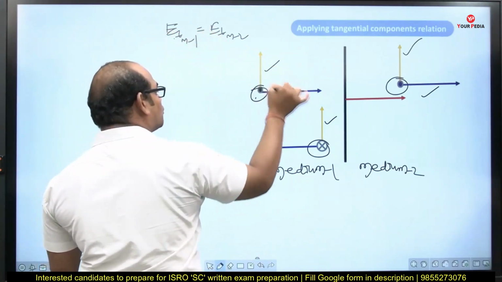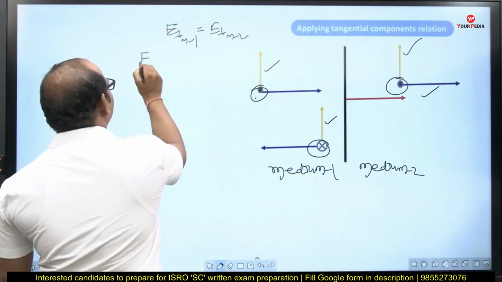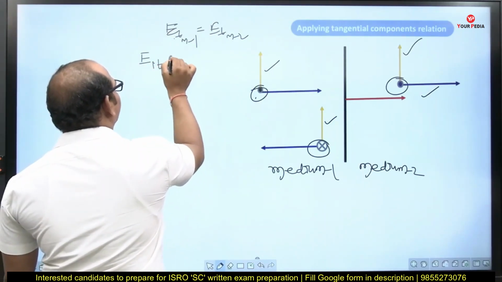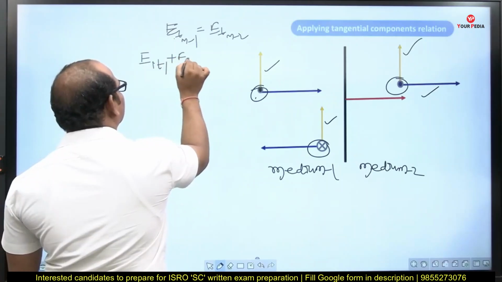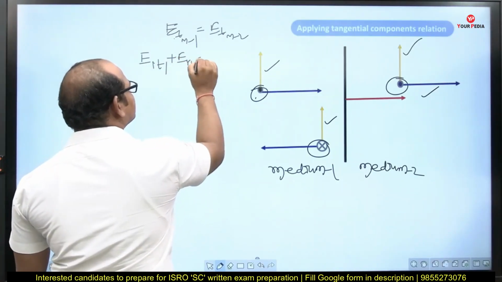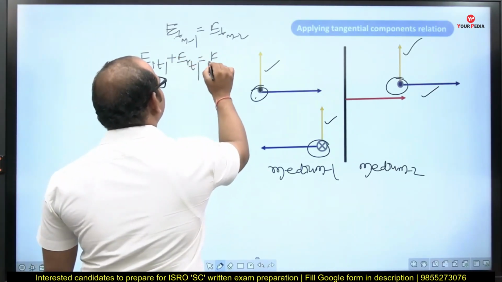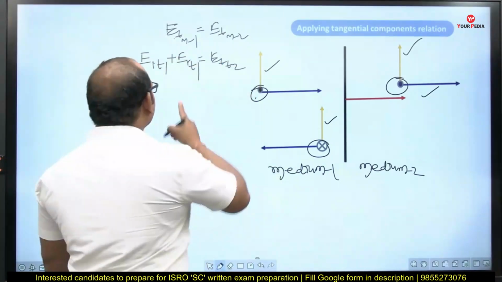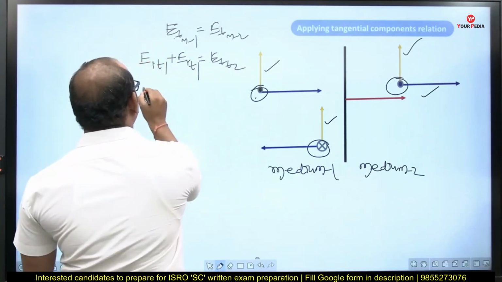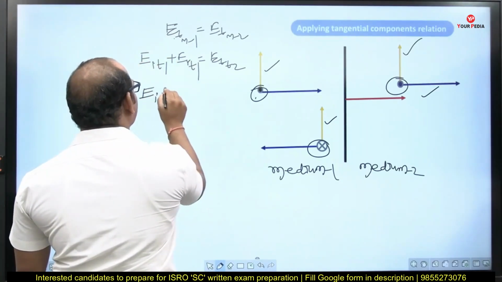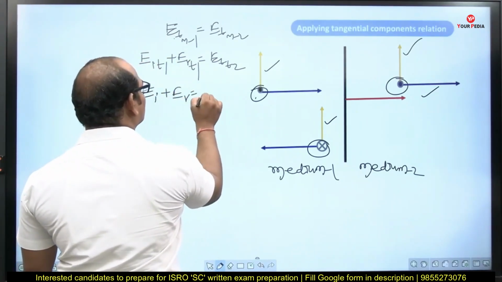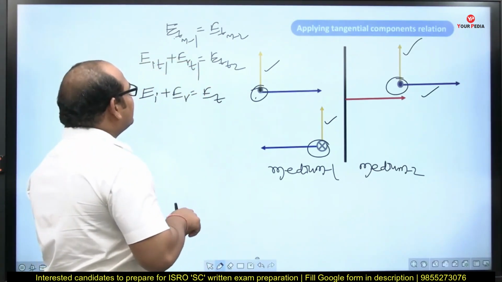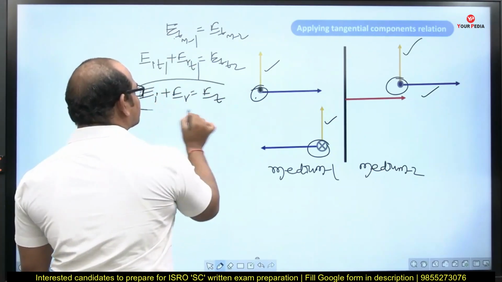In medium 1 we have the incident tangential component plus the reflected tangential component, and it is equal to the transmitted tangential component in medium 2. Instead of having all these suffixes, I will simply take Ei plus Er is equal to Et. This is one of the equations we have.